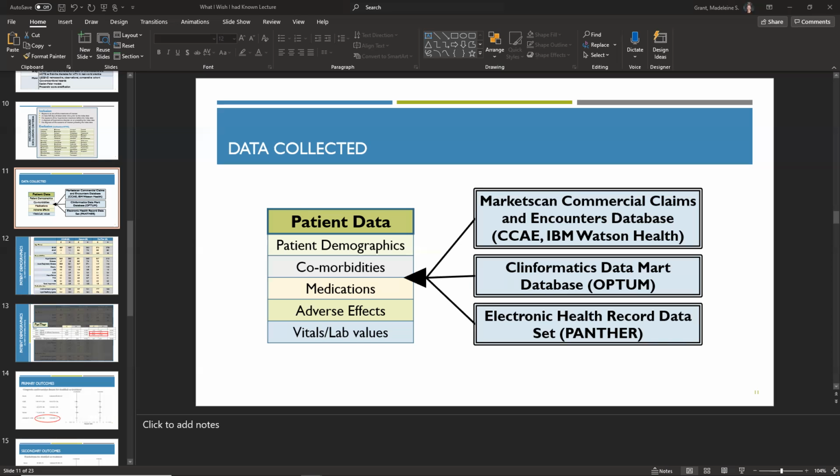And another reason why data collected might be a helpful slide for you to include is that oftentimes preceptors will have questions about, well, did they collect this adverse effect or did they collect this lab value? For example, one time I was doing a presentation about an ACE inhibitor, and the study itself didn't really touch on serum creatinine.